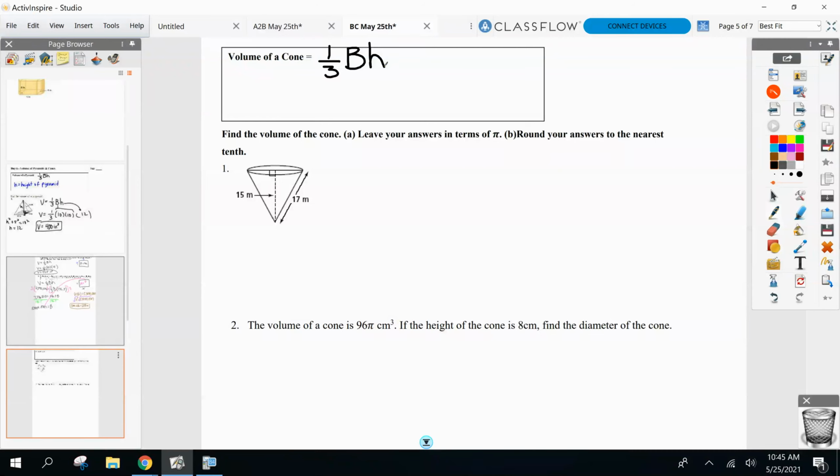Lucas? Because pi r squared is equal to the area of the base. There you go. The base is in the shape of a circle, which has an area of pi r squared. So that's why you guys see pi r squared in there. It's still 1/3 BH. All right, as usual, we'll do our general, find the volume of the cone, and then we'll get hardcore.